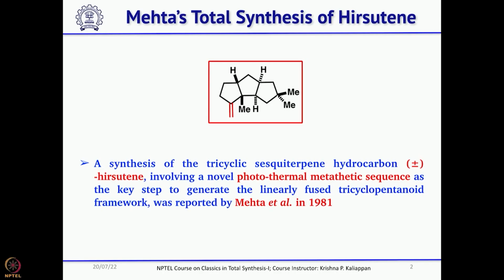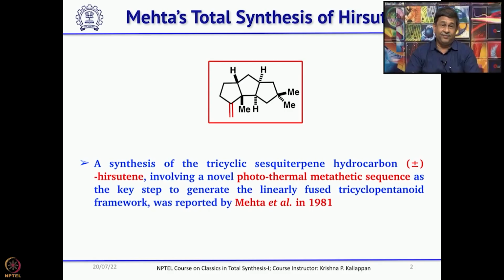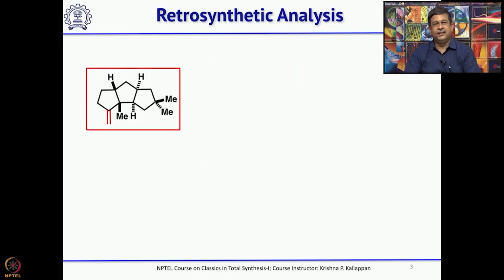But in the early 80s, he is the one who introduced the term thermal metathesis, where it undergoes a retro 2+2 under very high temperature. One can even call it flash vacuum pyrolysis to get triquinanes. So, that is a key reaction in many of his total synthesis of triquinanes and related natural products. So, let us see how he did a retrosynthesis of this hirsutene molecule.